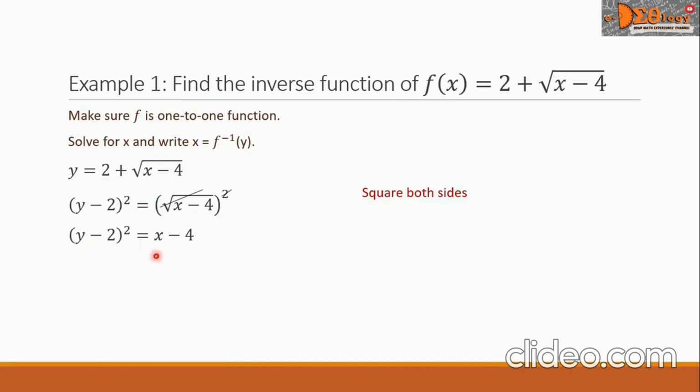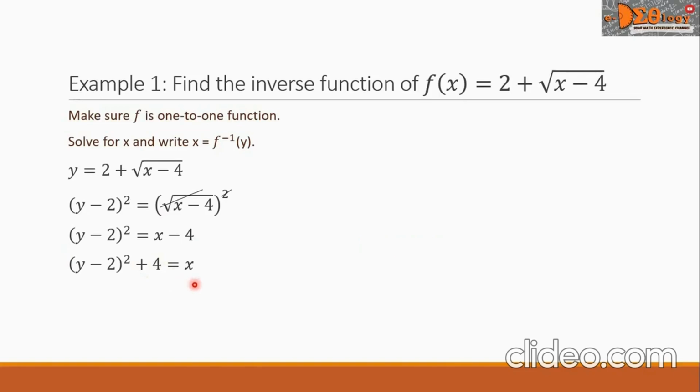Again, we want to isolate the x. We will transpose the negative 4 to the other side, so the sign will change. So now it is positive 4 on the left side. And we can see that the right side is x alone.